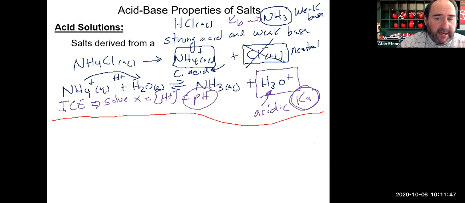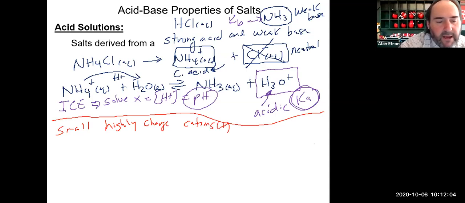There's actually another way that is possible, and that is with small, highly charged cations. Highly charged positive cations can basically produce an acidic solution.